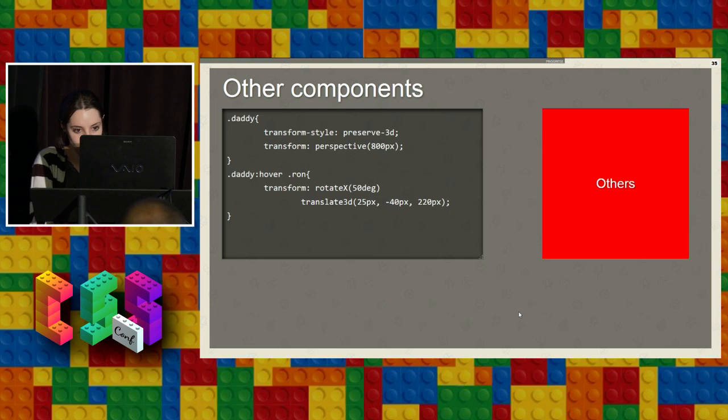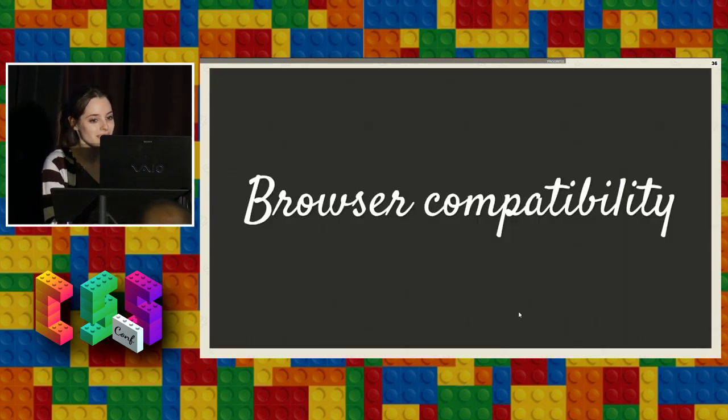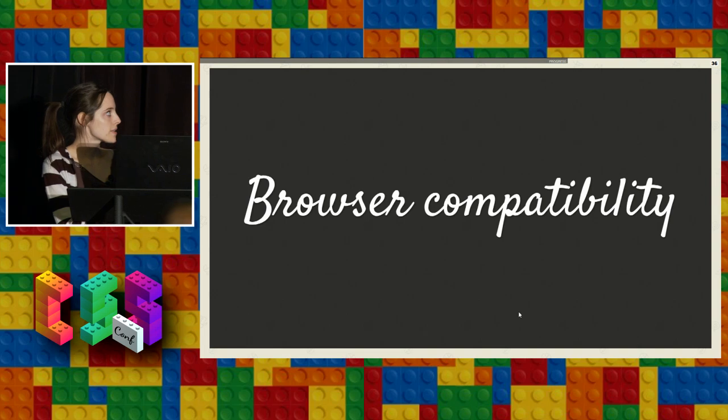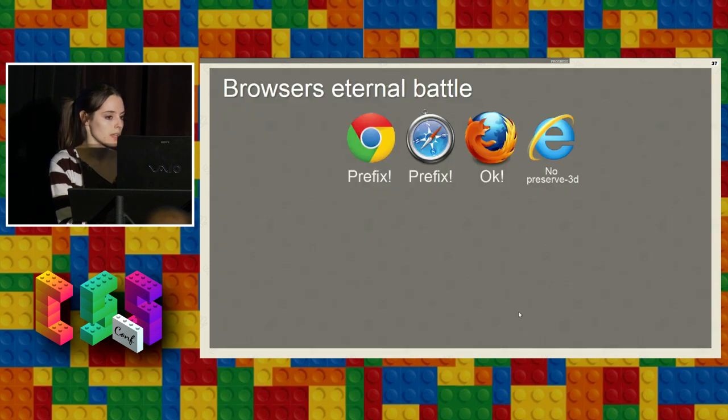That is definitely a little short. About browser compatibility, luckily it's kind of nice. It goes along with transform, so every browser that has a problem with the transform property will have it with perspective.